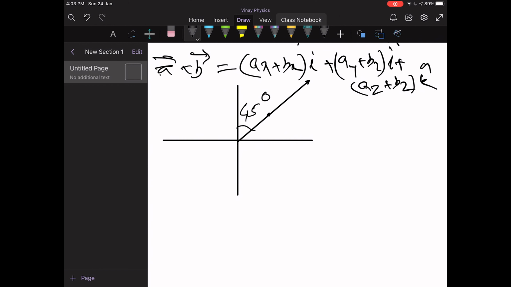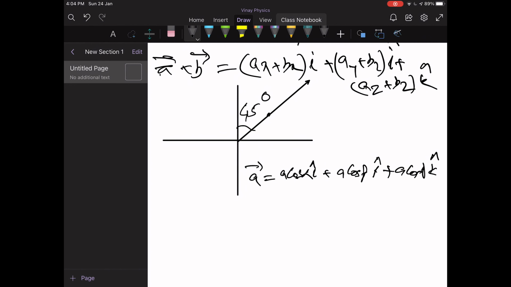Now we know that there are two ways to do it. One is using the general method, where we have already defined A is equal to A cos alpha i plus A cos beta j plus A cos gamma k.